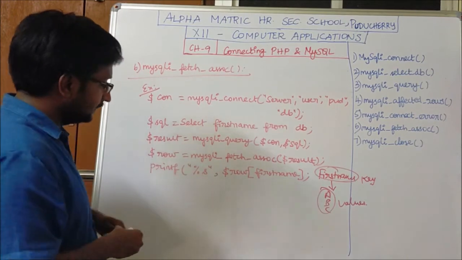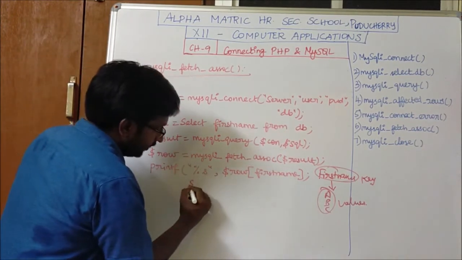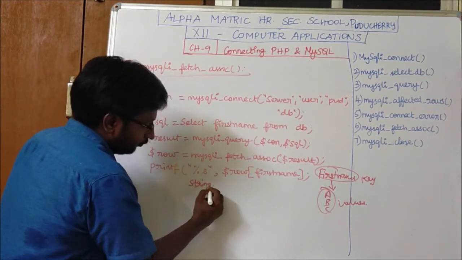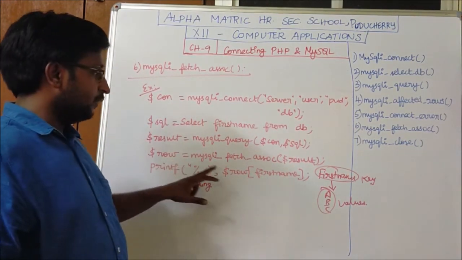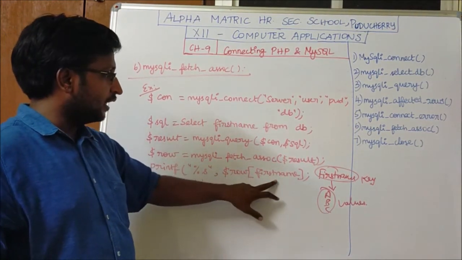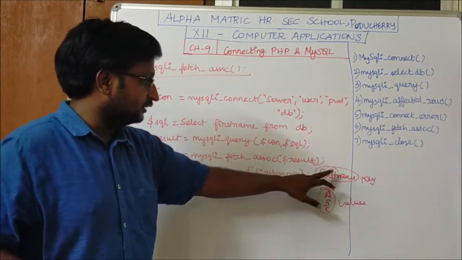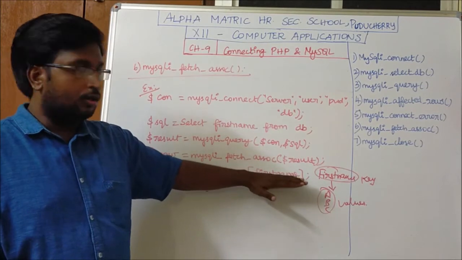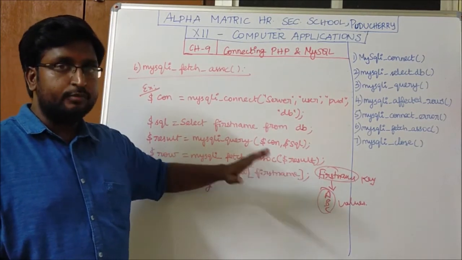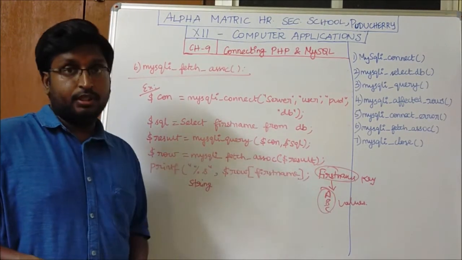This percentage s is used for printing the string. The array variable and the key is first name. All the multiple values available in the key will be printed.